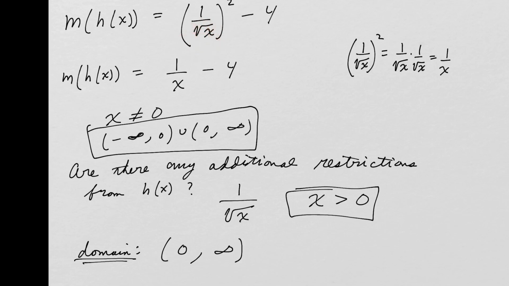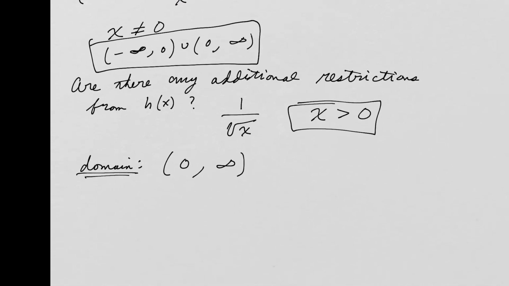So therefore, m of h of x wouldn't be correct if x were less than or equal to 0. So the domain is going to be just when x is strictly greater than 0, so from 0 to infinity. Again, I know that it's one of the harder concepts, this domain of compositions, so we're just going to touch upon it a little bit.